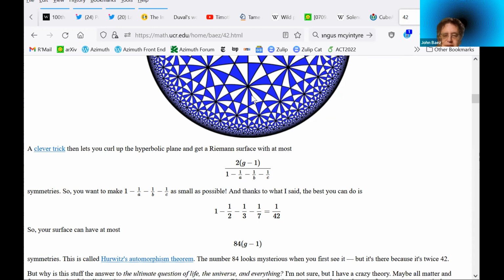And if you're lucky, and it doesn't always work, there's a way you'll be able to tile the surface of genus G with triangles of this sort in such a way that you get a transitive group action on those triangles, and then you get this many symmetries. And so the Klein quartic is the first one where this happens, genus 3, 1. So then you get 84 times 2, which is 168 symmetries.